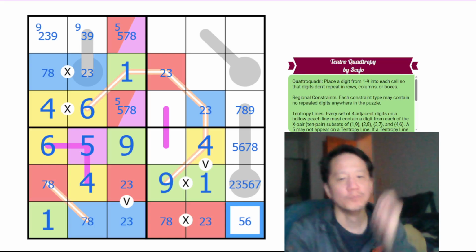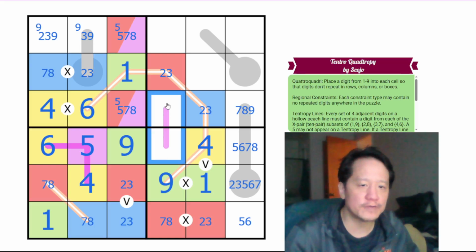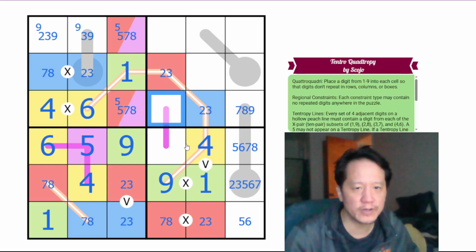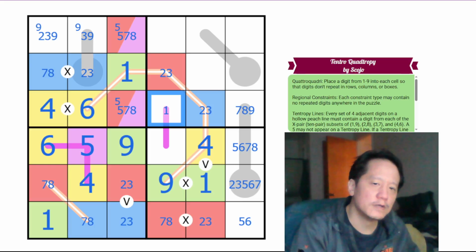Okay. You cannot have 4, 5, 6 on this red band, so either it's 7, 8. Cannot be 2 or 3. Actually, this can't be 2 or 3, period. So what can be on this red band? It could be 1, and no 2, 3, no 4, 5, 6.